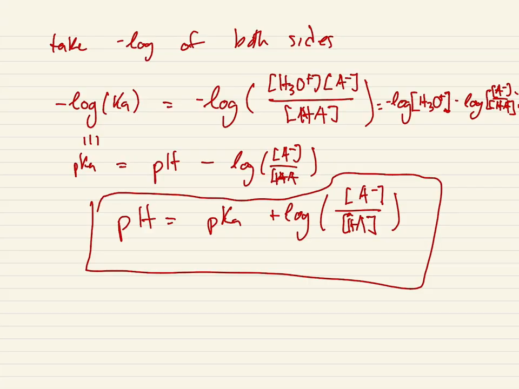So when we're adding strong acid or strong base to these solutions, all that's going to do is change the initial concentrations of these species here. So we're going to go through how to use the Henderson-Hasselbalch equation versus an ice table. And really they give you the same answer because you're doing the exact same thing. You would get to this relationship if you did all the algebra we just did every single time you did an ice table.